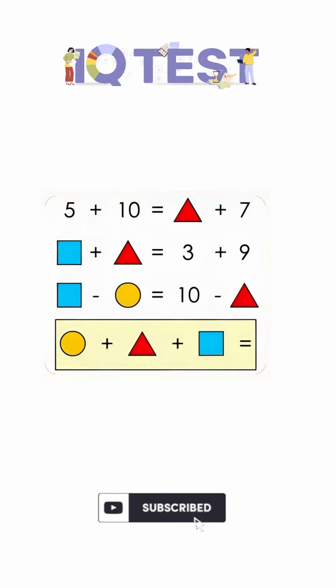So the blue square is 4. All right, so what are we getting for the orange, the yellow circle? The yellow circle, what are we getting?